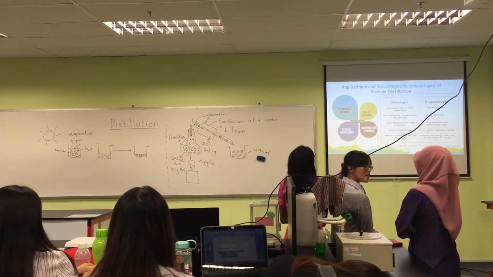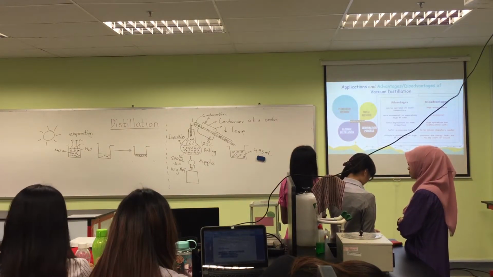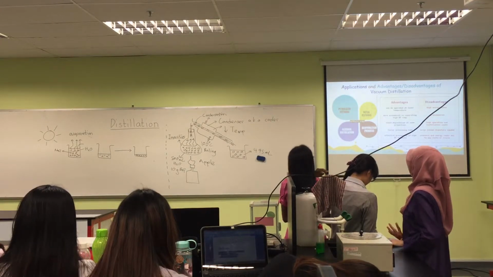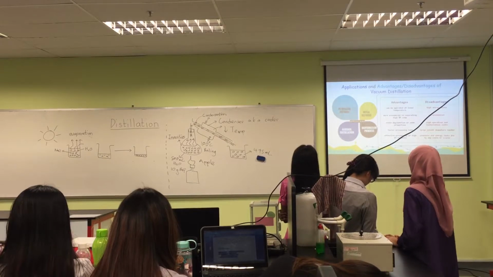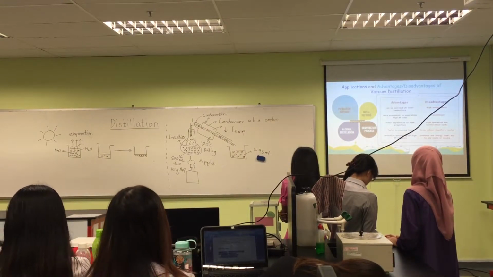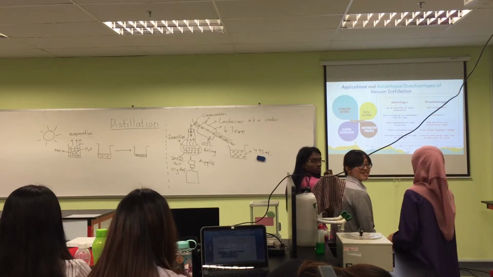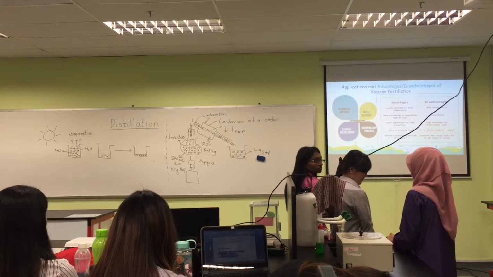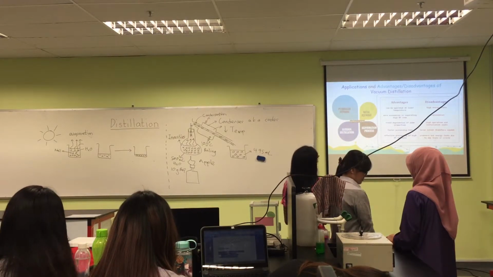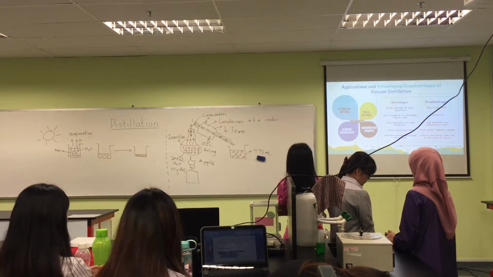Alcohol distillation, we can use in order to make perfume. And the dehydration process is actually the basic principle of vacuum distillation. And another application of vacuum distillation is to reuse industrial wastewater.